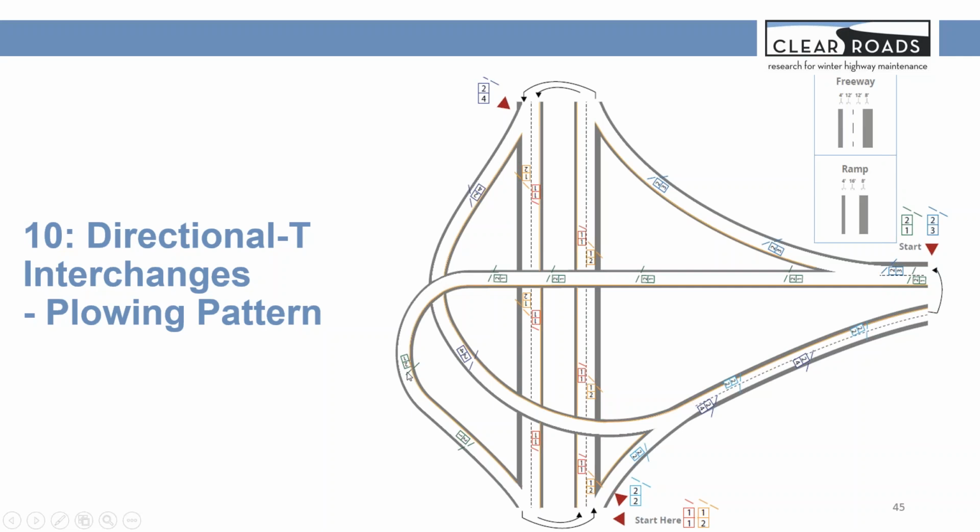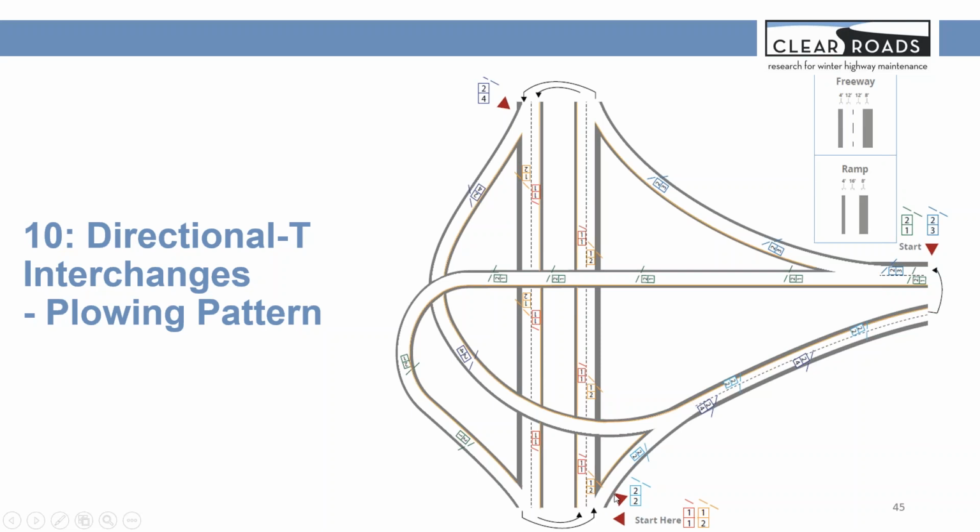Now here, the truck has the left wing and the front plow pushing to the left on the elevated part, so we push the snow to the lower side. And after the curve ends on the flat part, the truck will reverse the plow. So again, it has the front and the right wing, to push the snow to the right and stay to the right, and then merge onto the major road and make a U-turn to clear the off-ramp.